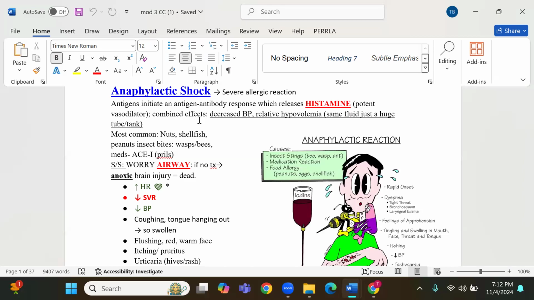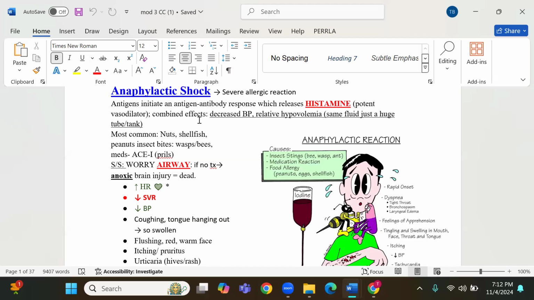A lot of people think that patients die because they vasoconstrict and they can't breathe, which is true. They can't breathe. But what happens is the chest will constrict, but the rest of the body will massively vasodilate. And there is no blood flow around the body to the organs. And it's because of that excessive histamine.